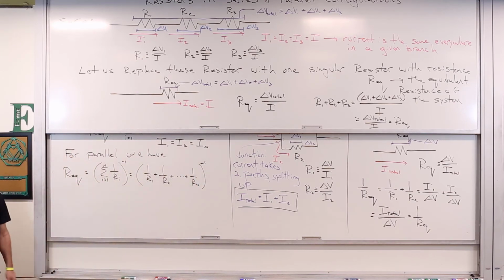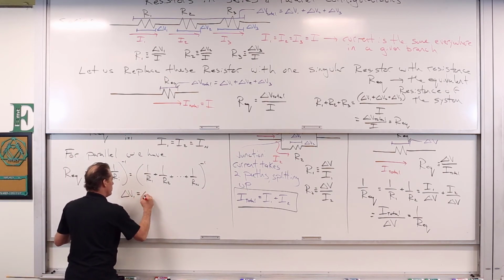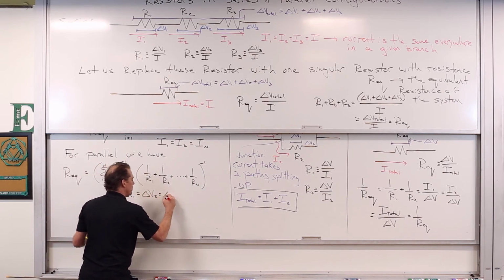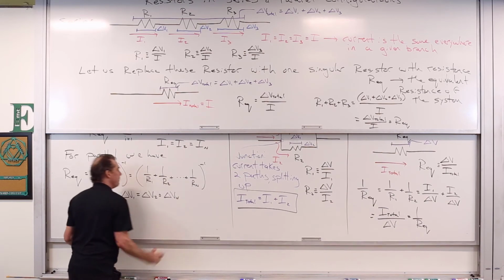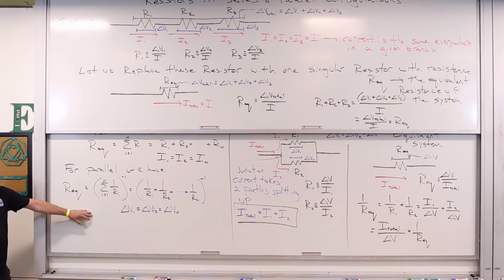Inverse of the sum of the inverses. What do we have? Well, delta V1 is equal to delta V2 is equal to delta V sub n. And there we go. Potential differences are all the same when they're in parallel, and they add as the inverse of the sum of the inverses.